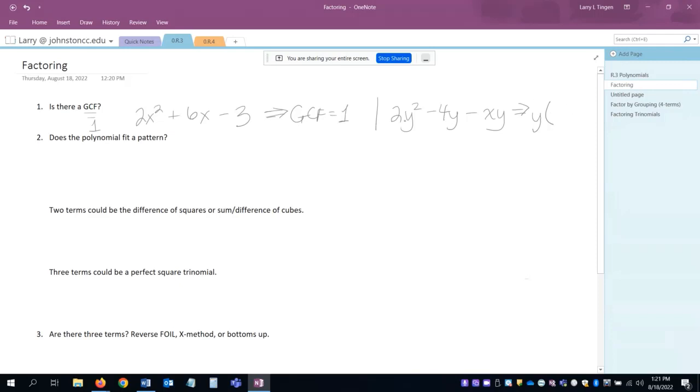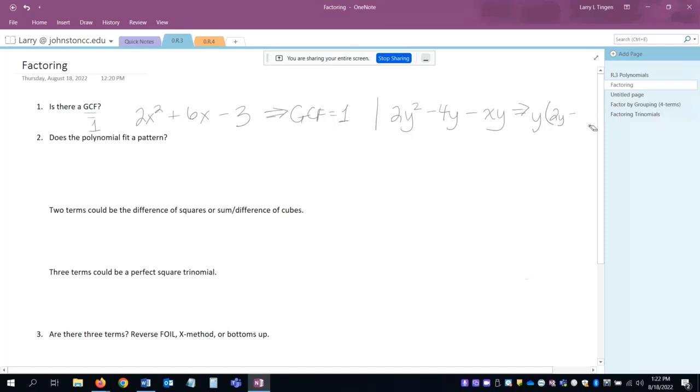When I factor out a y, in order to find out what I am left with, I divide each term by y. Yeah, exactly. So 2y squared divided by y is 2y. Minus 4y divided by y is minus 4. Minus x times y divided by y, x.